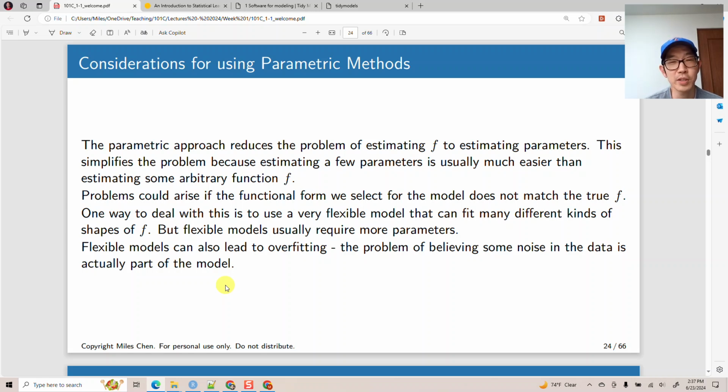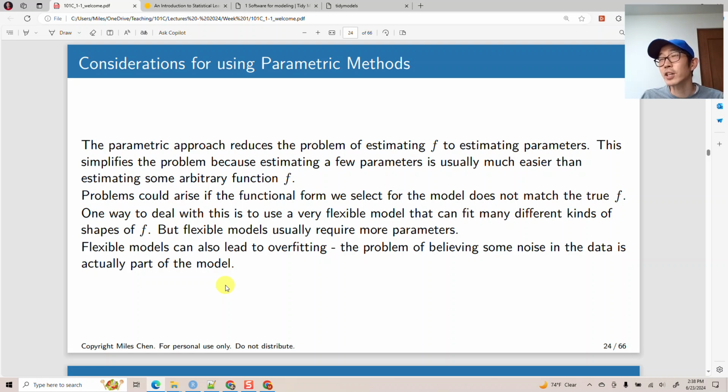Usually estimating a few parameters is a lot easier than estimating some arbitrary function that could be very complicated. But problems can arise when you make the assumption about the functional form, and it doesn't truly match the true relationship for f. When you learn linear regression, one of the big assumptions is that your errors are normally distributed and you have homogeneous variance as far as the residuals go.